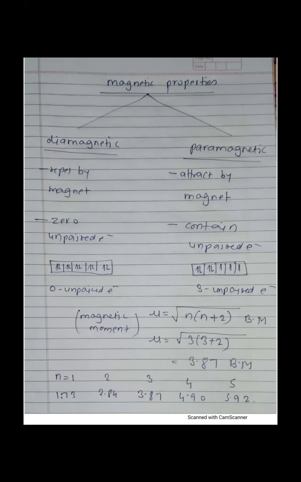Yes, Arshad, right. Yes, n is the number of unpaired electrons. I am repeating again and again. Amit Joshi, I'm not getting your question. You can raise your hand so that I can unmute you. Your question is quite irrelevant. I'm not getting what you are asking.